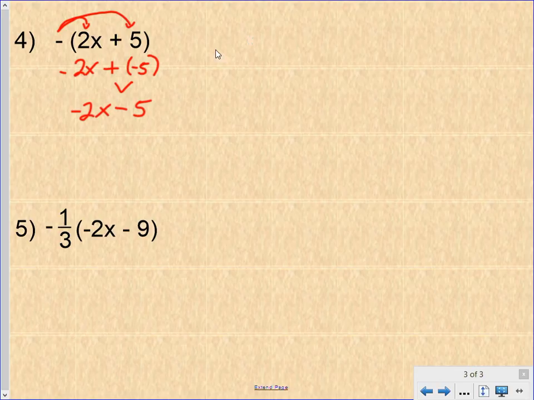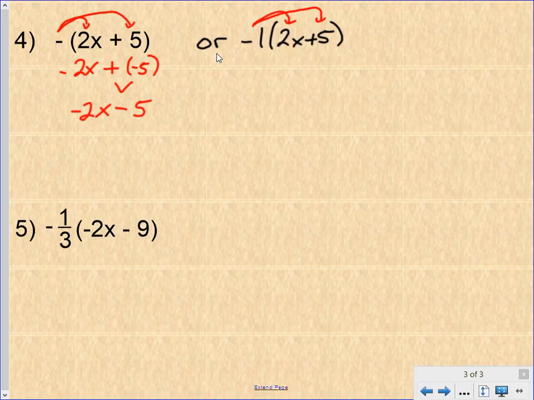The other way that you can approach this problem is you can place a 1 here. So I can rewrite this as negative 1 times 2x plus 5. You can always multiply by 1 because it doesn't change the value. So there's a 1 that's understood here that we don't write. You can write it. And then what you're going to do is multiply each of these by negative 1.